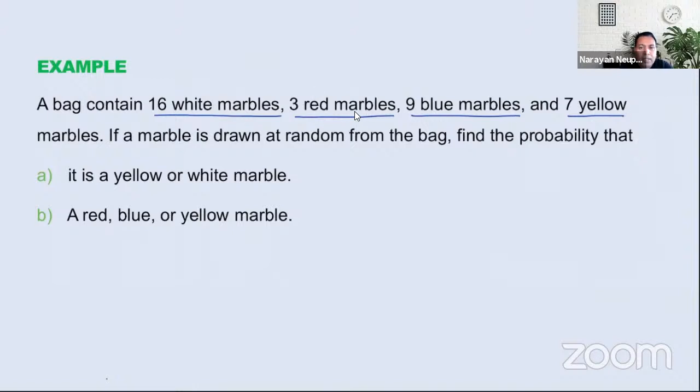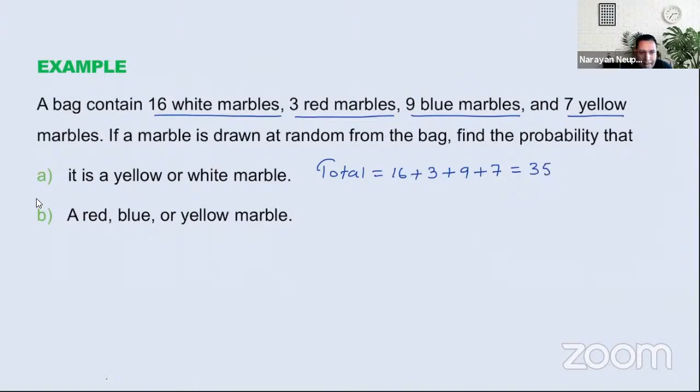If I want to find the total number of marbles, the total will be 16 plus 3 plus 9 plus 7. If we add all these, the total number of marbles in the bag is 35.